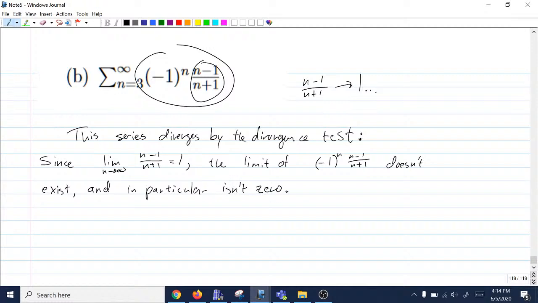Cool. You don't have to try and come up with words for the fact that it's alternating between approaching 1 and negative 1. The word for that is the limit doesn't exist, is all you need to say.